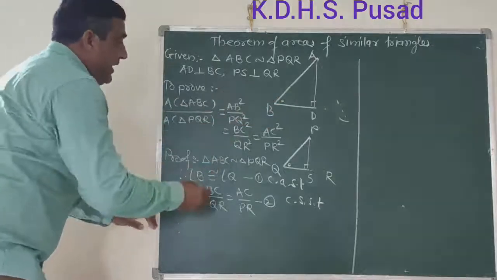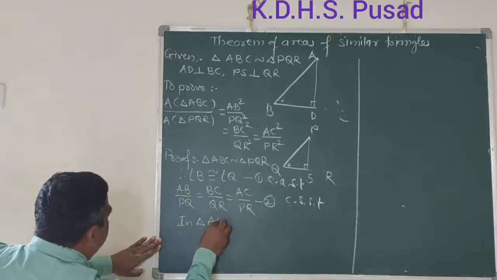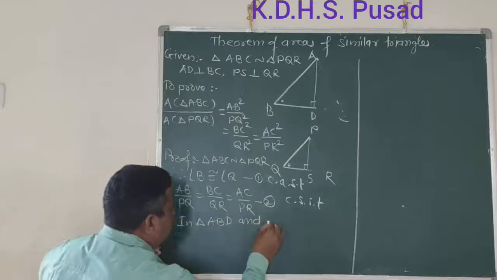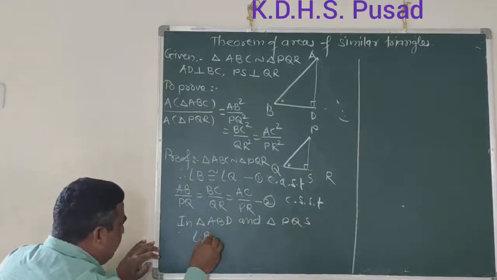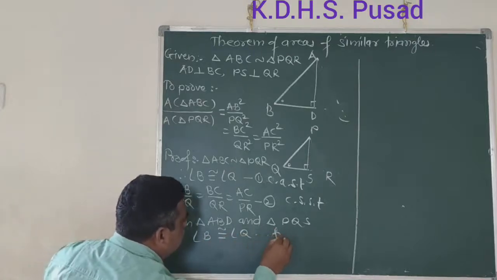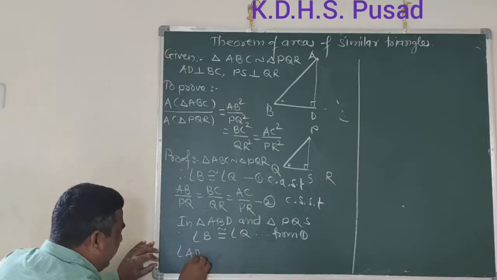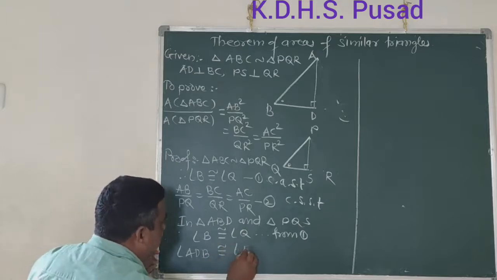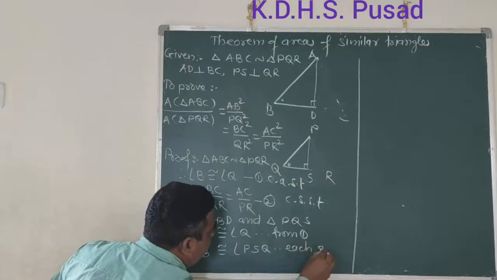So in triangle ADB and triangle PQS, angle B congruent angle Q, that is from 1, angle ADB congruent angle PSQ, both 90.